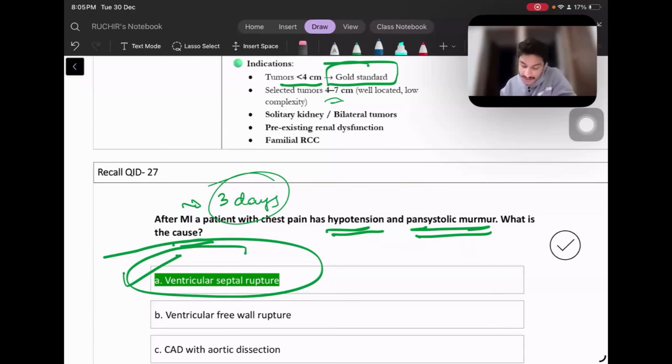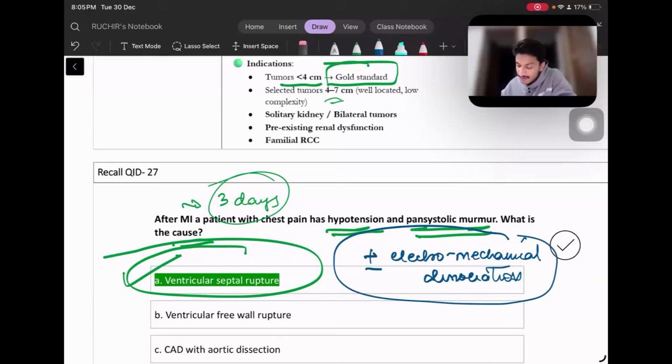So herewith we'll just keep that it is with electromechanical dissociation. But as per the scenario given, after the third day with hypotension and pansystolic murmur post MI, the correct answer is ventricular septal rupture. There is no other doubt because they have taken directly from a line.